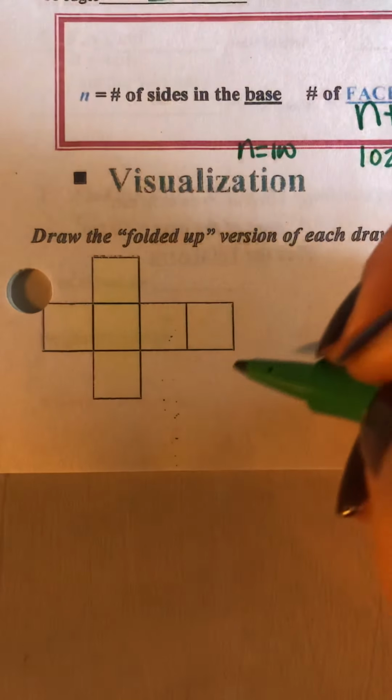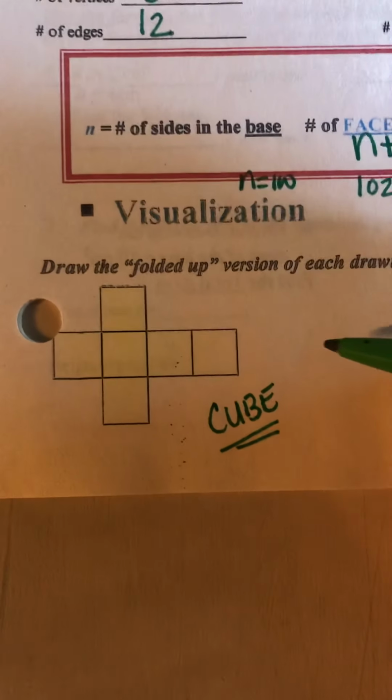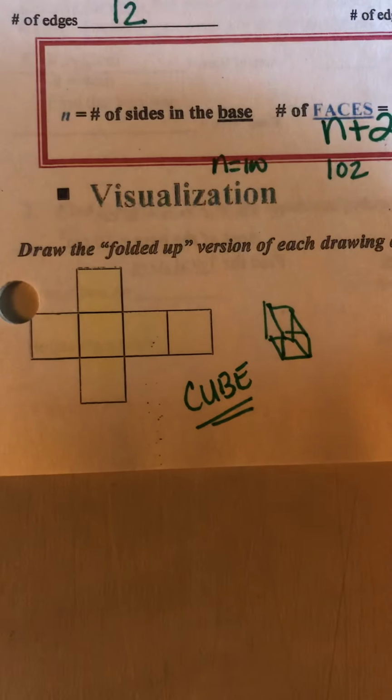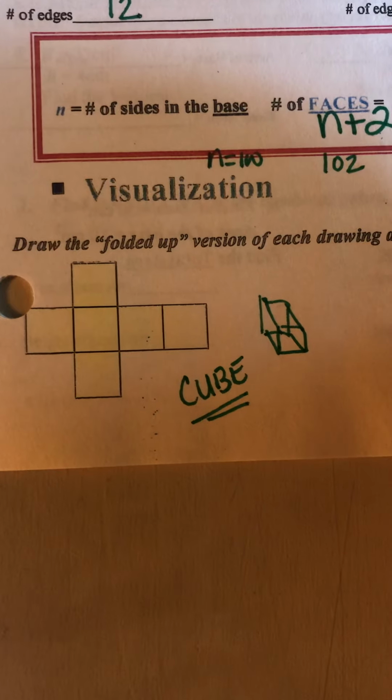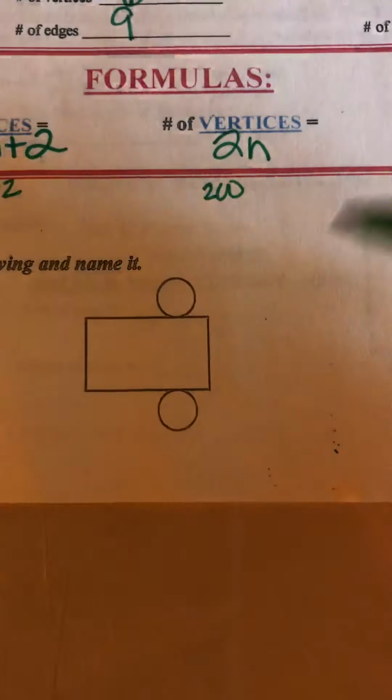The last part is about visualizing a folded up version. You've seen something like this before when you would fold it up, right? And I know it's hard to draw, but you'd want to try and draw that folded up cube. Do you know what this one would be folded up?